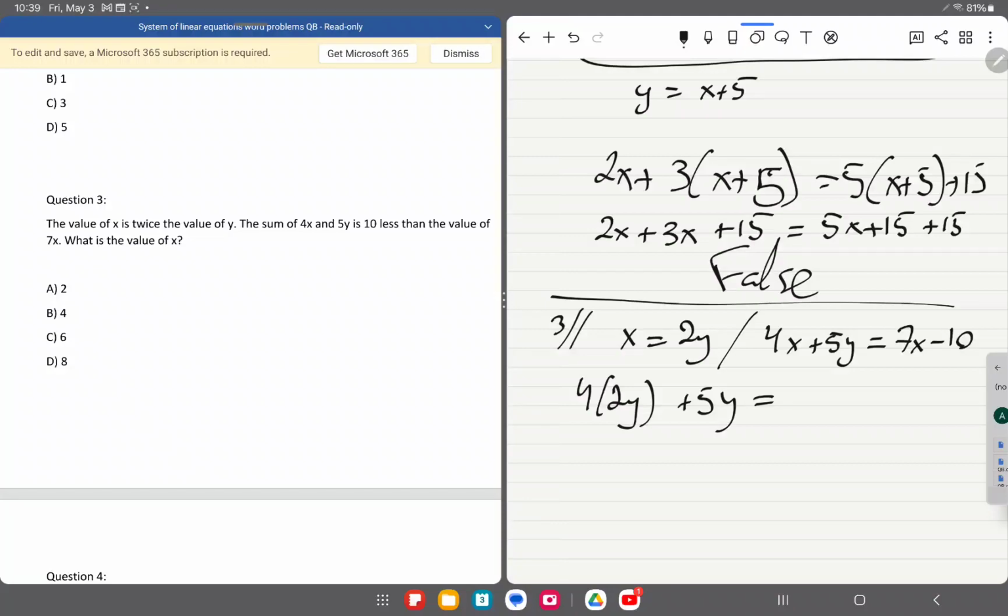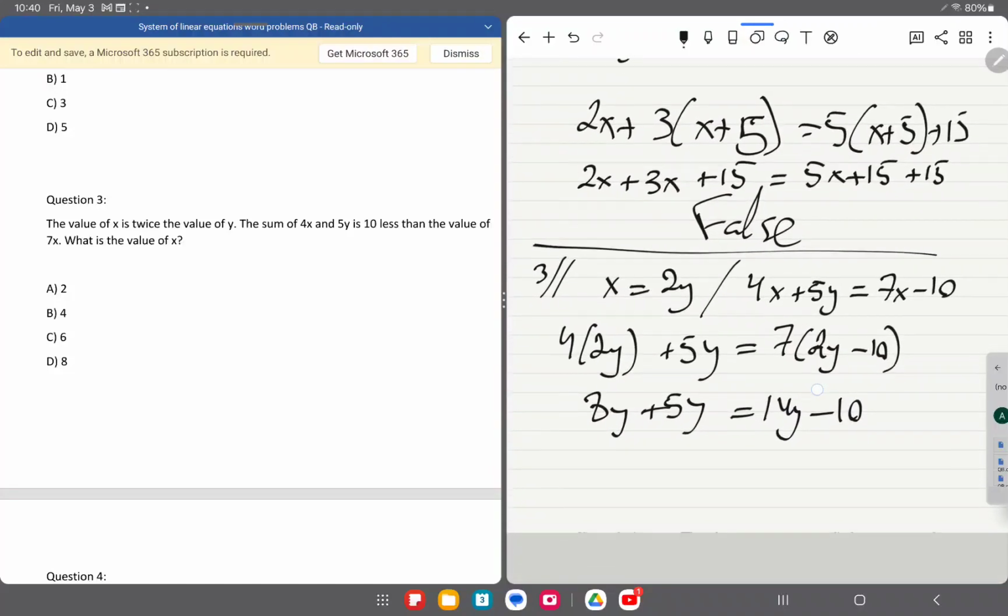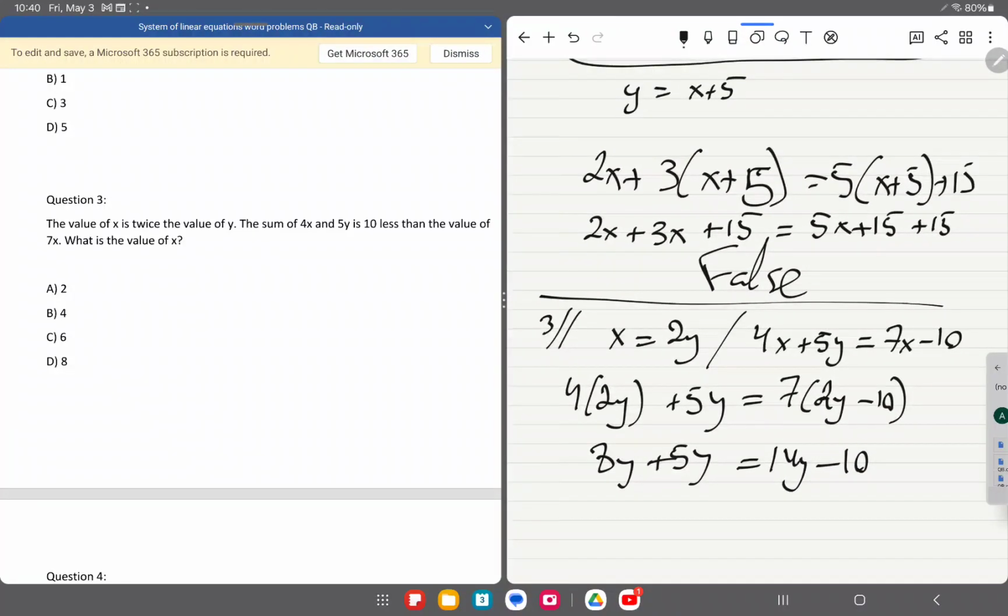So instead of x, I'm putting 2y. 4 into 2y plus 5y is equals to 14y minus 10. Now, is this correct? 4 into 2y is 8y, plus 5y, this one is 13y is equals to 14y minus 10.